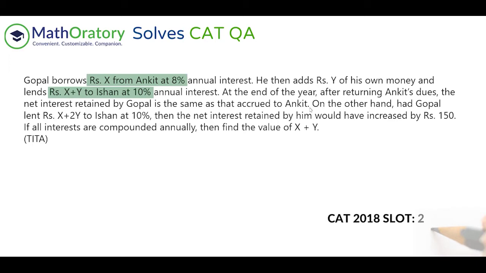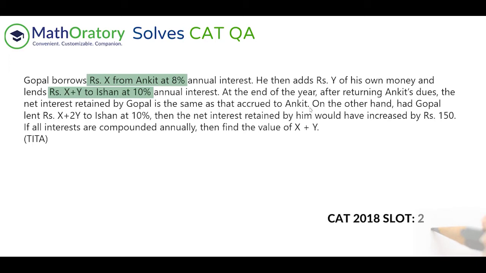Okay. So whatever interest Gopal has accrued, he gives a part of it to Ankit, and after that transfer, both have equal. So obviously, Gopal had double the interest accrued from Ishan as Ankit accrued from Gopal.